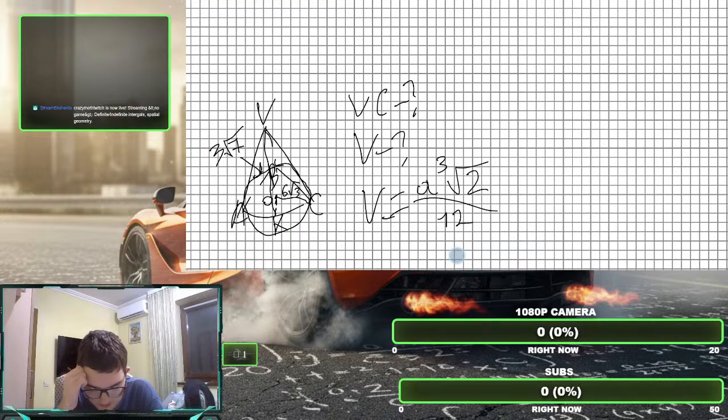But why do I need the height? How am I supposed to find it? Cos A, no. Don't work with cos A and stuff. How am I supposed to solve this? VOC. Triangle, 3 square root of 7 there.